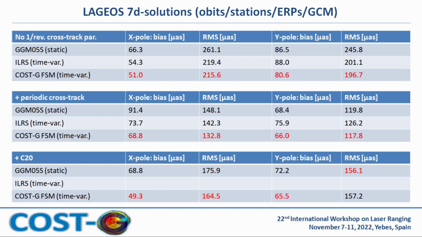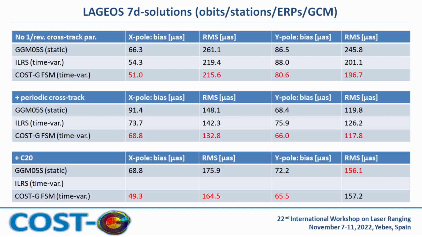And so we made first a number of tests excluding this parameter to see the full impact of this bad C20 on the orbits. Then some tests including this parameter, and then the last test estimating C20 directly instead of relying on this parameter. And we always made tests with either a static field, GTM05, or the time variations provided by ILRS, or this Cauchy fitted signal model.